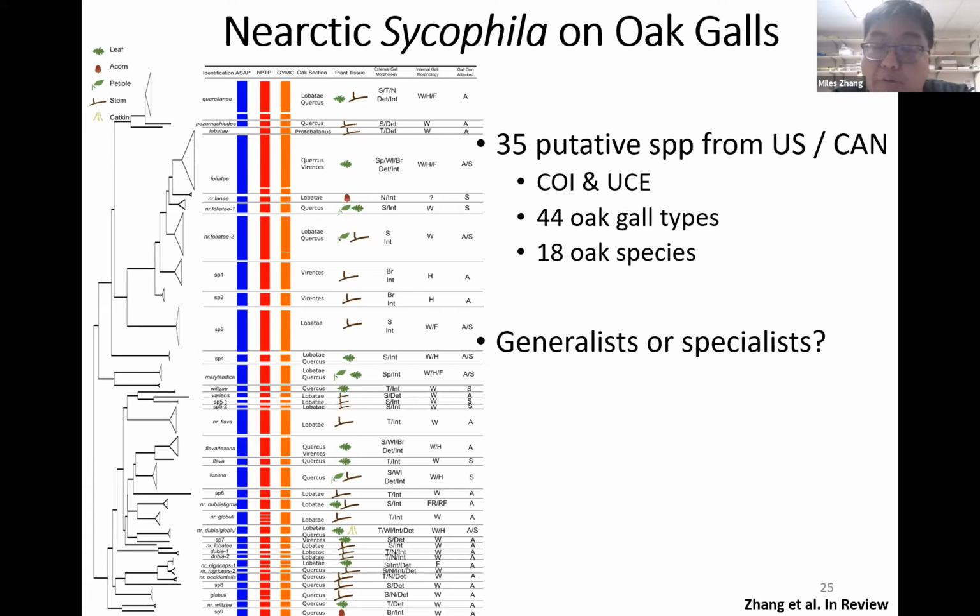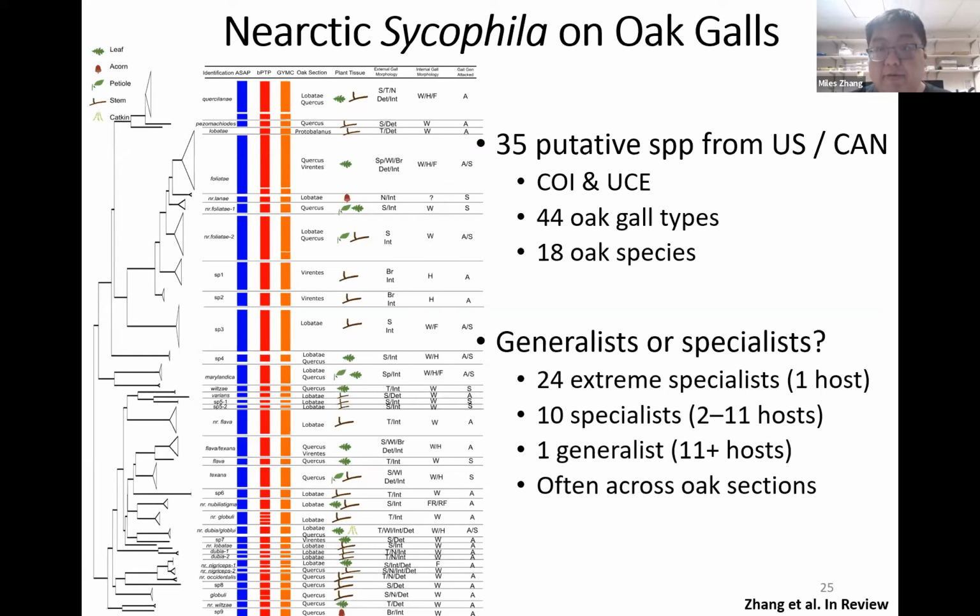Yeah, so we were interested to see whether they're generalists or specialists, right? So for each of these putative species, how many different oak galls do they attack? Well, it turns out that most of them seem to be extreme specialists, which we define as only attacking a single host. There are 24 of those.